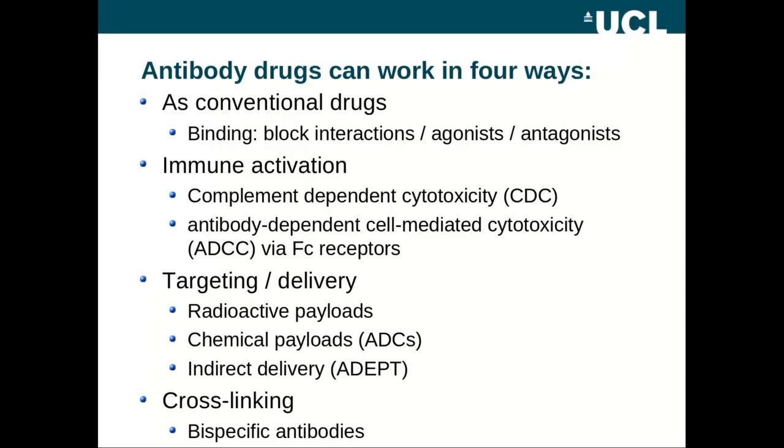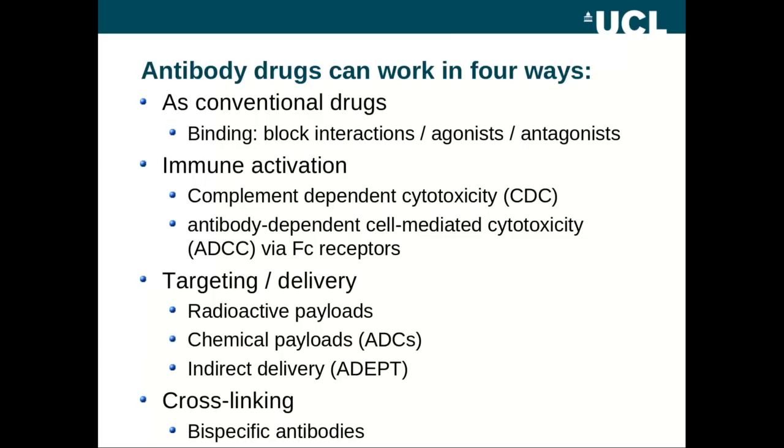So that first method, as conventional drugs, is just involving binding. The second method requires the Fc fragment of the antibody to trigger things like complement-dependent cytotoxicity. This is the complement system, which is designed for killing cells, or antibody-dependent cell-mediated cytotoxicity, or ADCC, which happens via the various types of receptors for Fc fragments that we talked about in the last lecture.